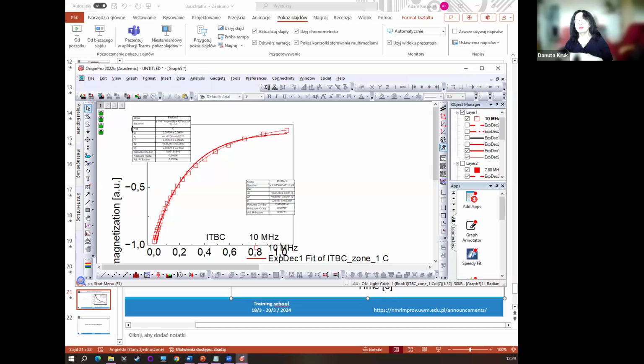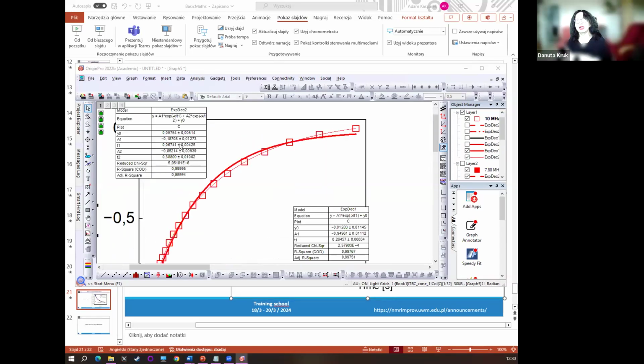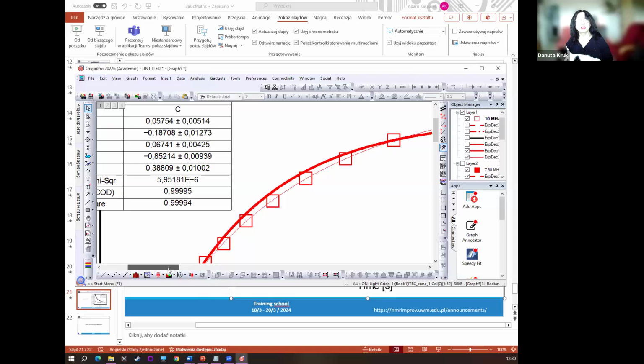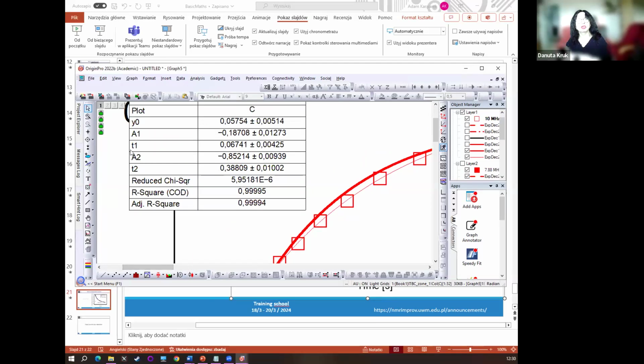I would have a comment, if I may, because we already encountered it many times. Here Adam applied a function, and in the function you have parameters, A1, T1, A2, T2, or something like that. So you have parameters labeled with the number 1, and parameters labeled with the number 2.